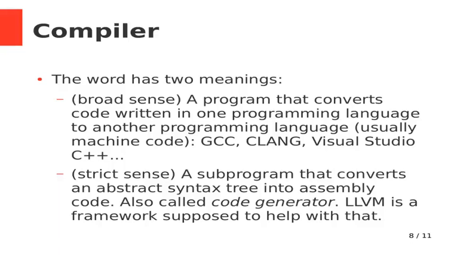Examples of that would be GCC, Clang, Visual Studio C++, and so on. You probably know countless compilers in that broad sense of the word, but in compiler theory, when we say compiler, we usually mean a compiler in the strict sense of the word.